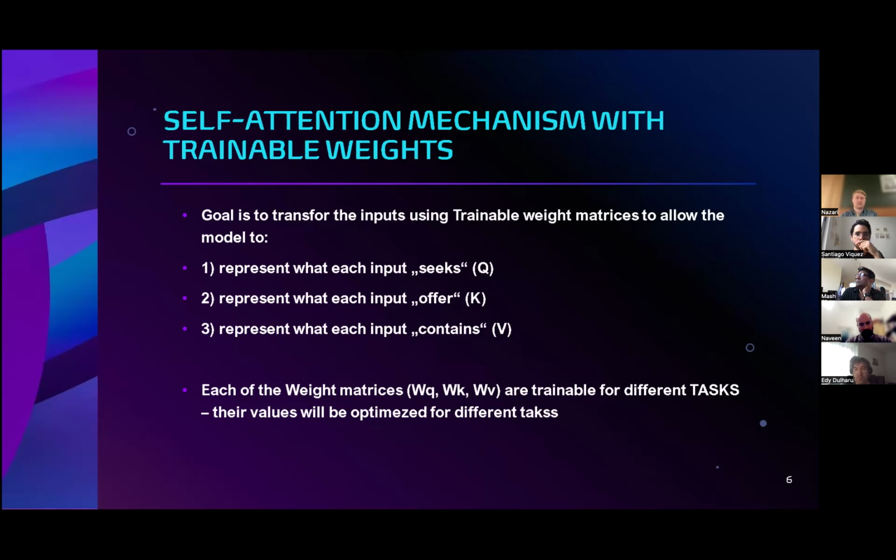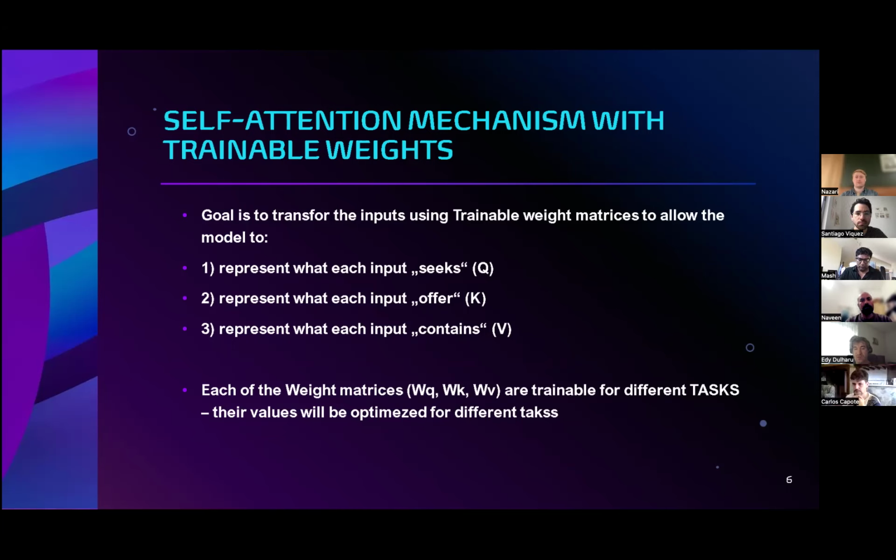So that's why for each use case, the researchers created different sets of matrices which contain these weights, in order to solve different problems. And of course, during the training process, these weights have, let's say, different dynamics across time.